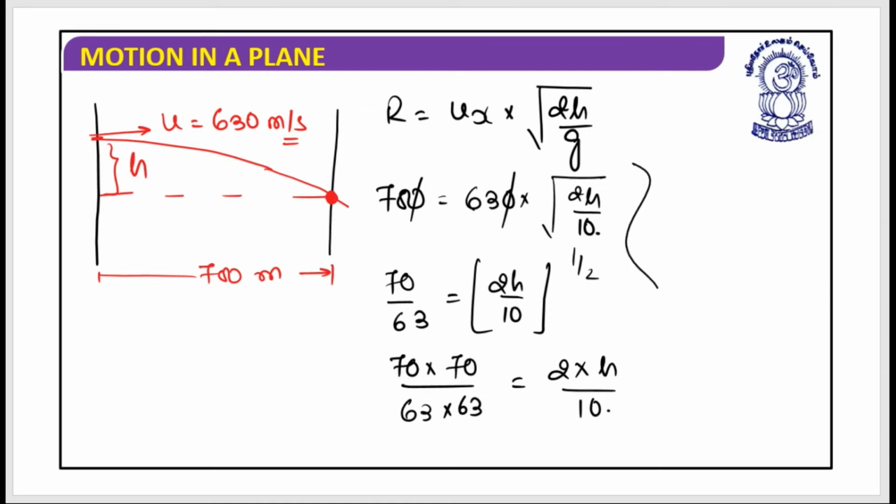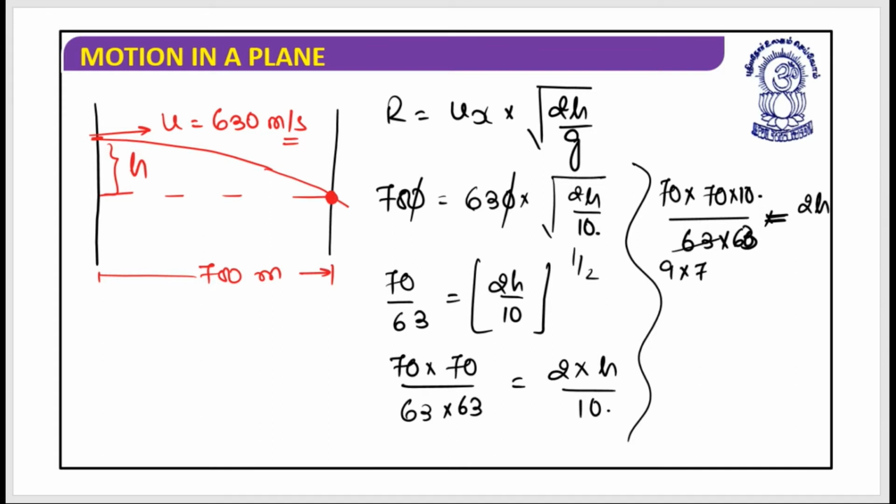So this is 70 into 70 into 10 divided by 63 into 63, equals 2 into h. So the situation will be, it's 9 into 7, again 9 into 7, this is 7 into 10, this is 7 into 10.